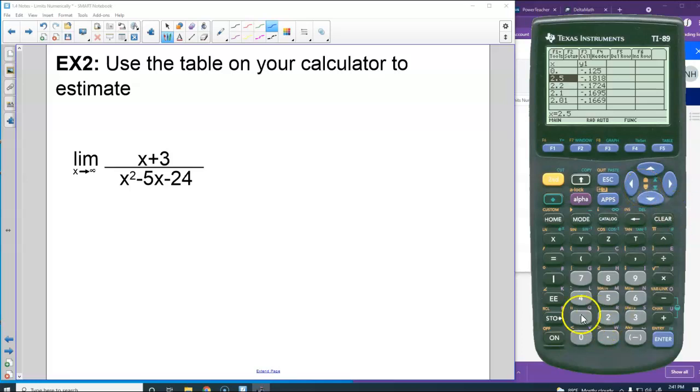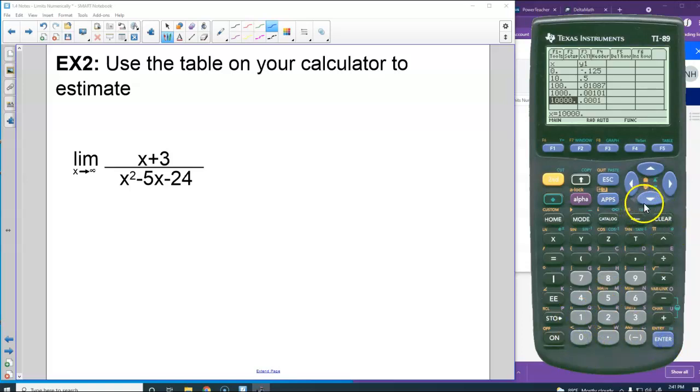So maybe 10, and then maybe 100, then 1,000, and 10,000.